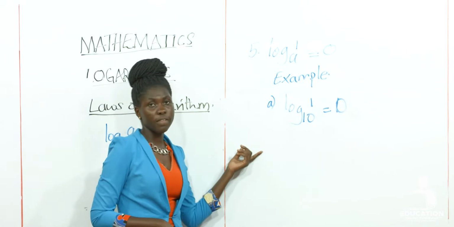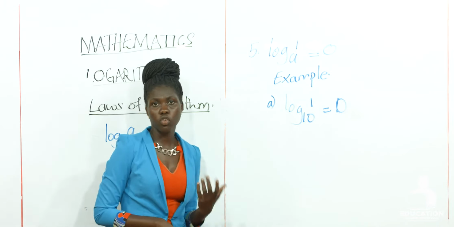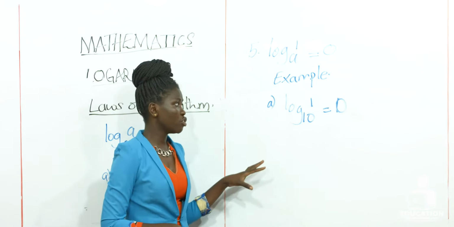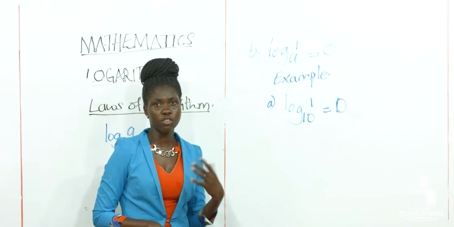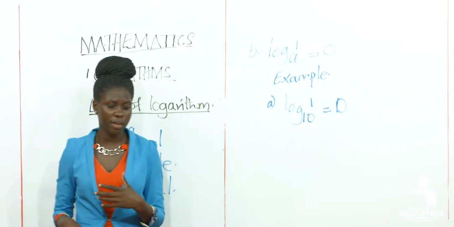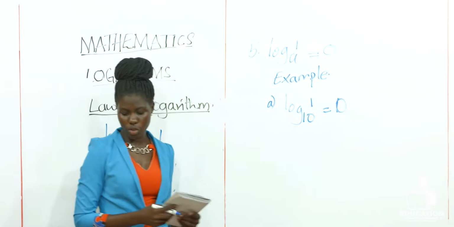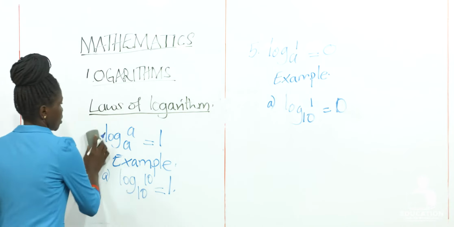So these are some of the laws that are going to help us to solve given different examples of logarithm. So we're going to use these 5 given laws to help us to solve logarithm numbers. We're going to have some of the examples that will help us to utilize the laws accordingly to solve logarithm.